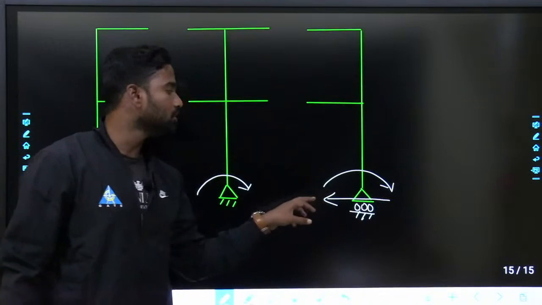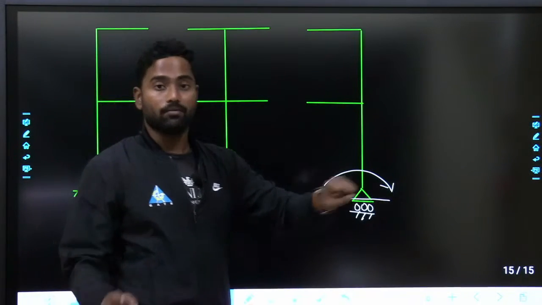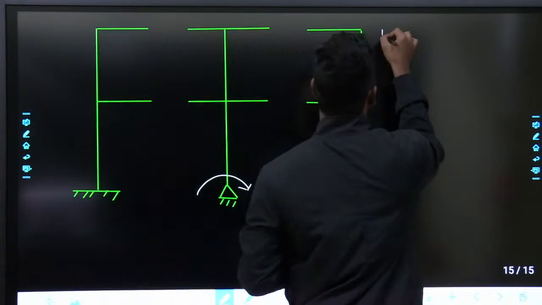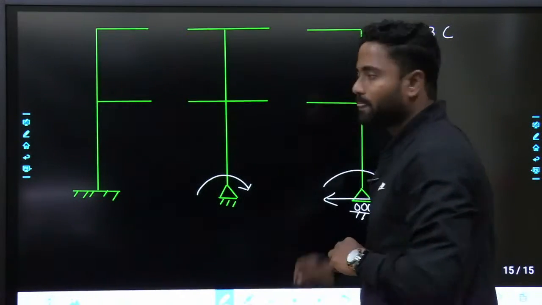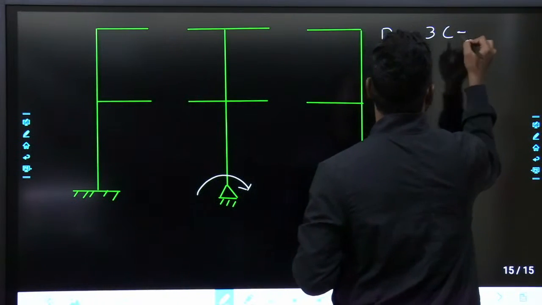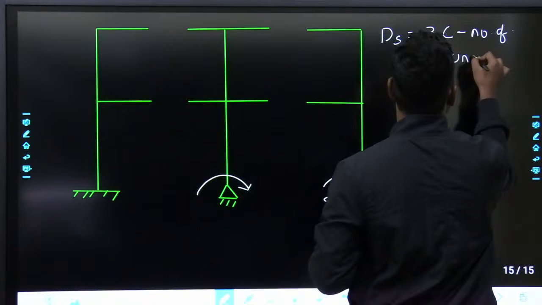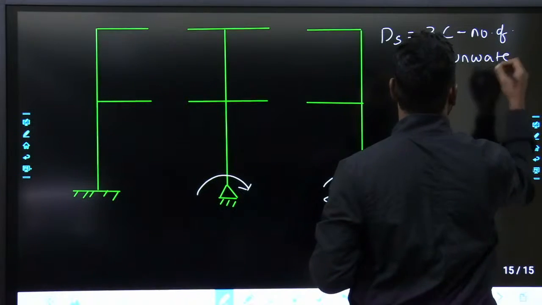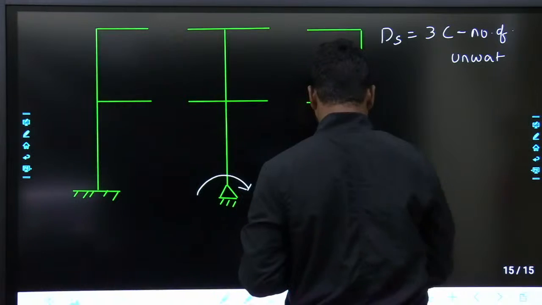If I add a horizontal reaction and a rotation, this behaves like a stable cantilever. Fine. Now see, DS is given as 3 times c minus the number of reactions. I'll use the number of reactions.